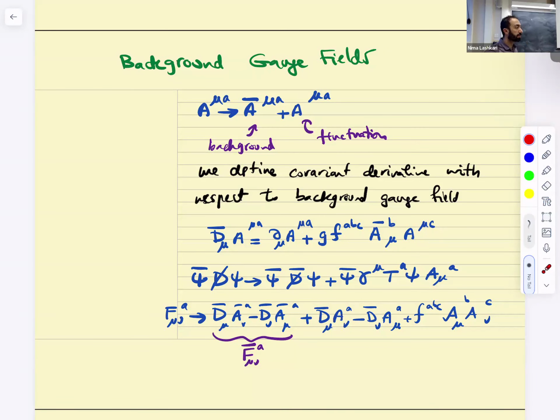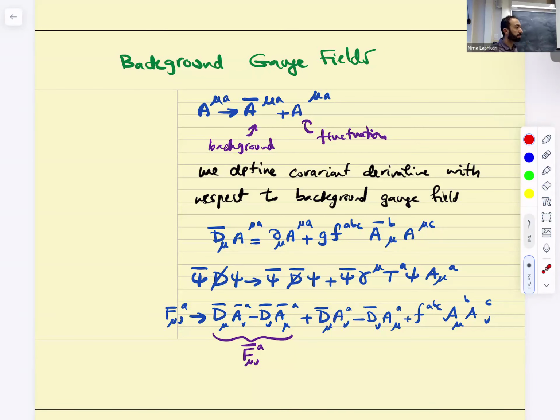So what was the background field method? You take A mu and you expand it around some classical value, A bar. We said that it's convenient to define the covariant derivative with respect to the background gauge field. Why? Because we're going to calculate the effective action of A bar.